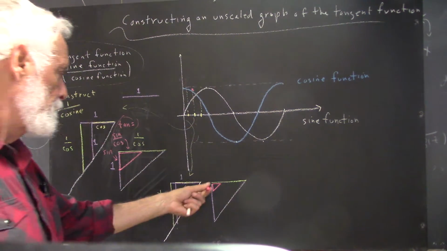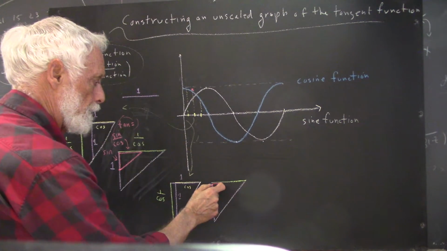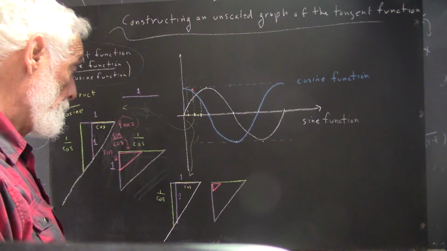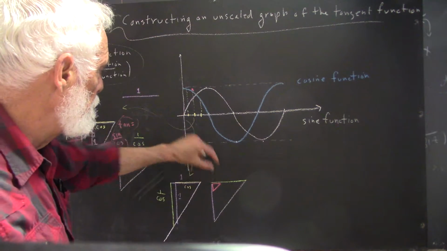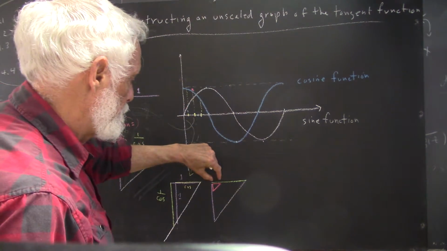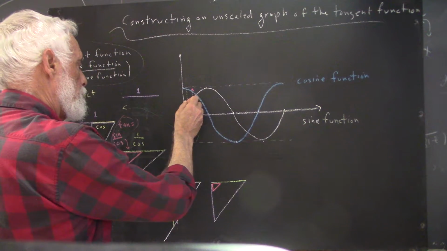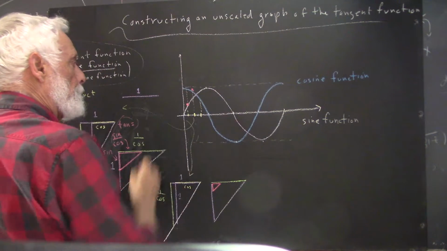And we see that here is my value of sine over cosine. Okay, quite a bit shorter than before. So that value would go here, maybe about here.